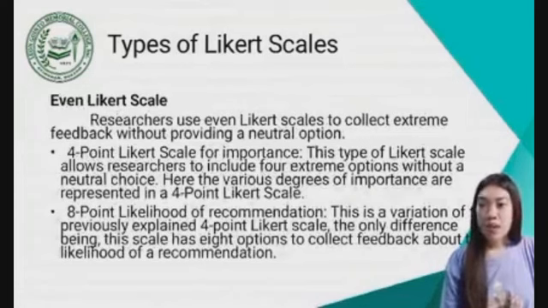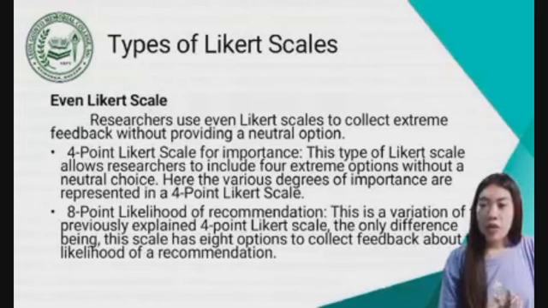Even Likert scale. Researchers use even Likert scales to collect extreme feedback without providing a neutral option. 4-point Likert scale for importance. This type of Likert scale allows researchers to include extreme options without a neutral choice.